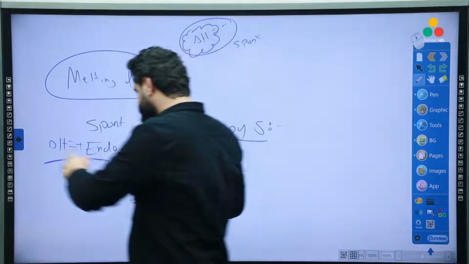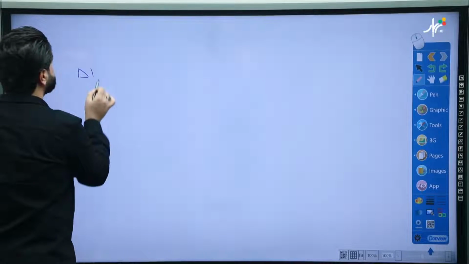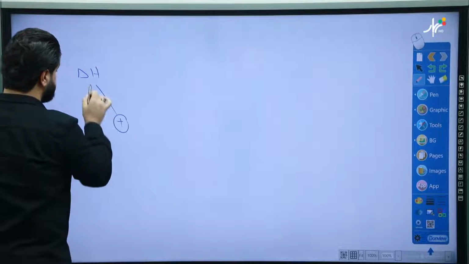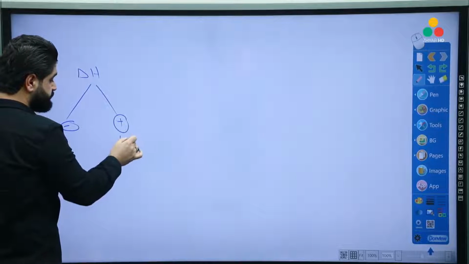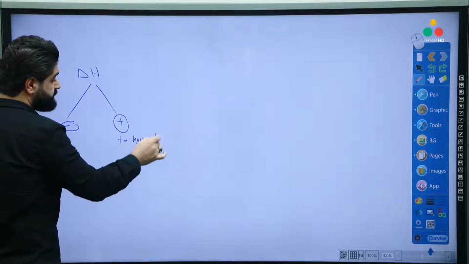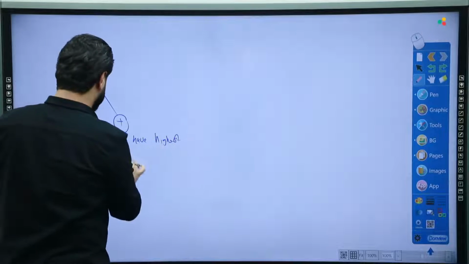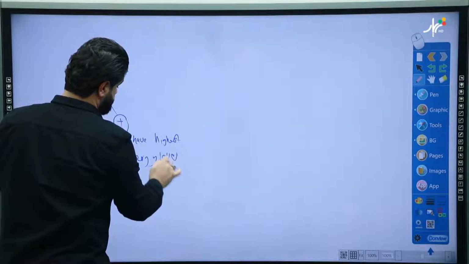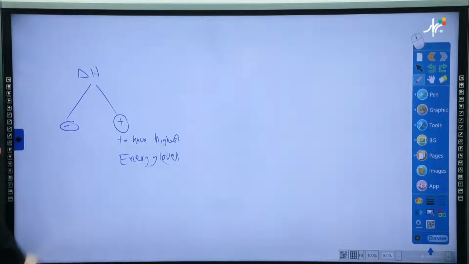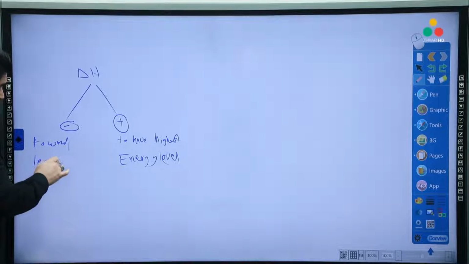Okay, so let me give you some detail about delta H. Delta H, if it's positive, if it's negative, okay? If it's positive, it means to have a higher energy level. But negative means toward a lower energy level.